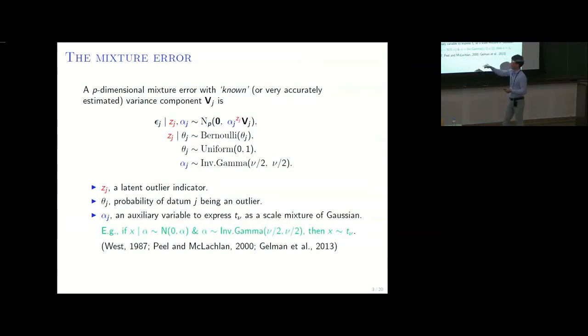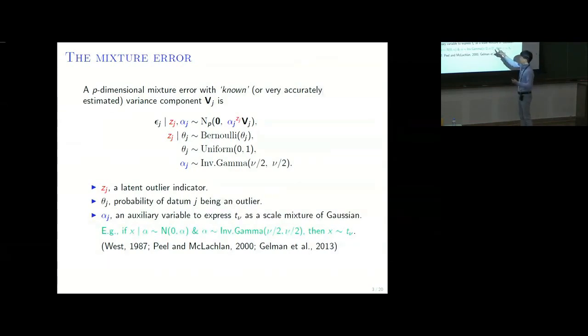And alpha_j is called an auxiliary variable that expresses the T distribution as a scale mixture of Gaussian and inverse gamma distributions. It can be tricky, so I prepared one example. Suppose this random variable x follows a Gaussian distribution whose variance is alpha, and alpha follows an inverse gamma distribution whose shape and scale parameters are equal to nu over 2.